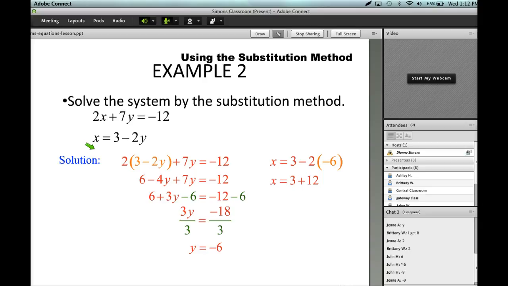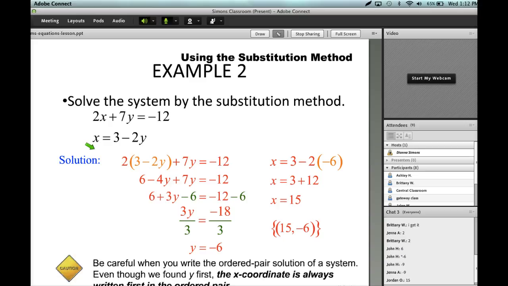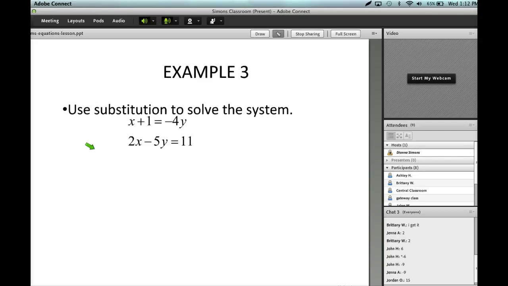What's 3 plus 12? 15. Don't question yourself. So our solution is 15, negative 6. Coordinate pair, exactly. All right.